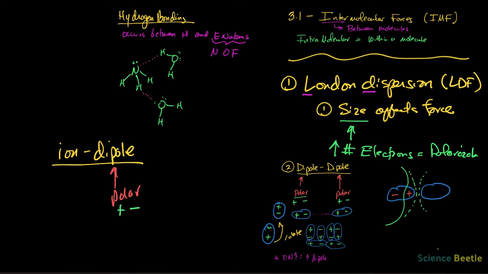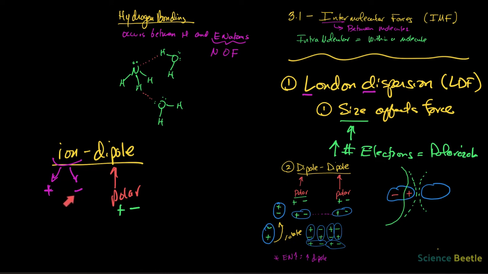And with regards to the ion part, remember that the ion can either be positive or negative, in which case, since the dipole molecule has a positive and negative side, you get a similar type of interaction as in dipole-dipole, where the positive side of the polar molecule will be attracted to the negative ion.